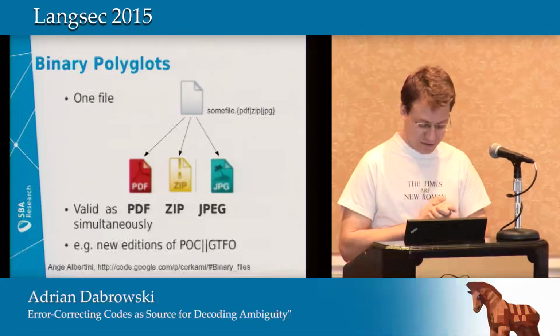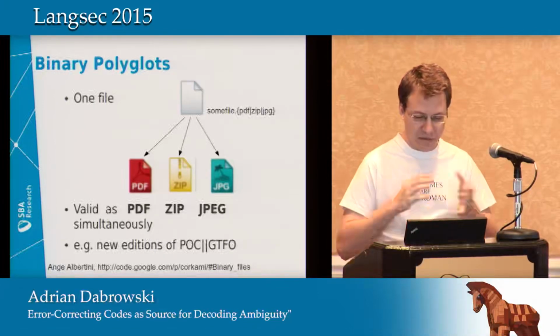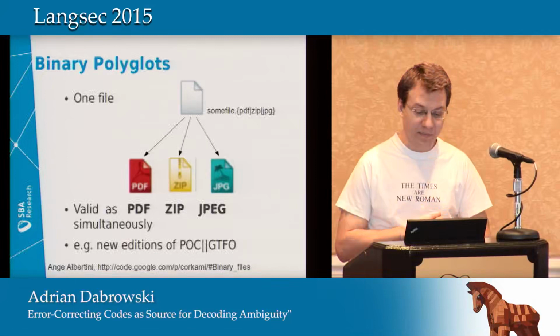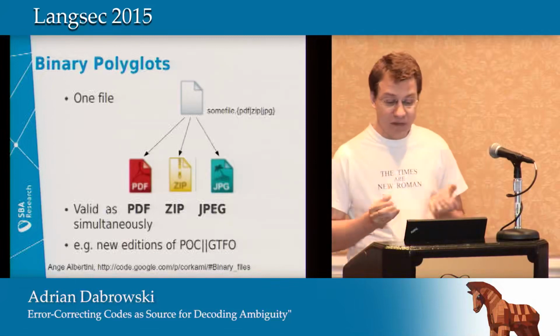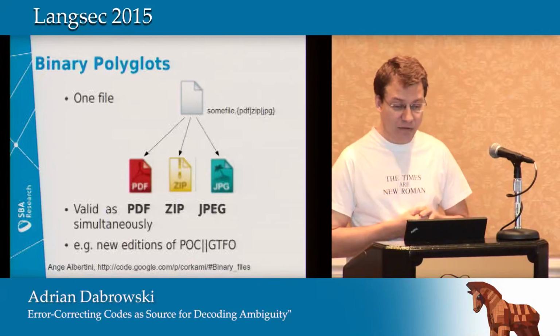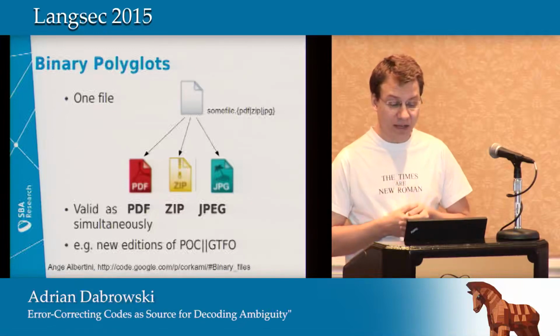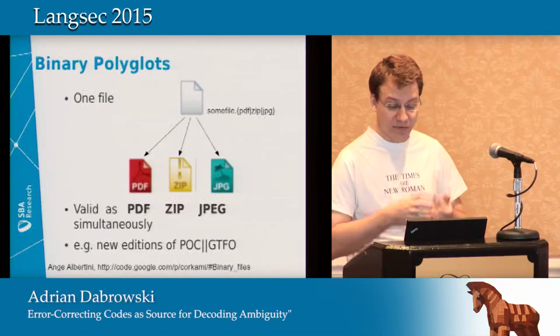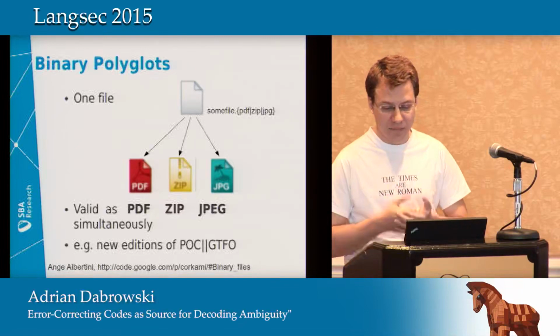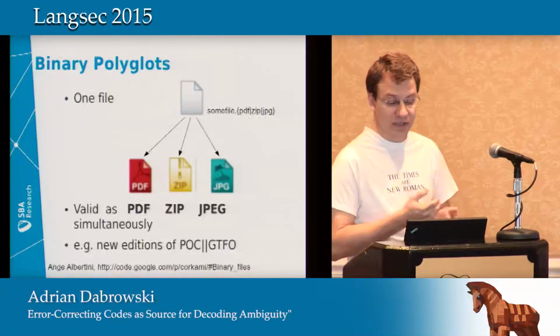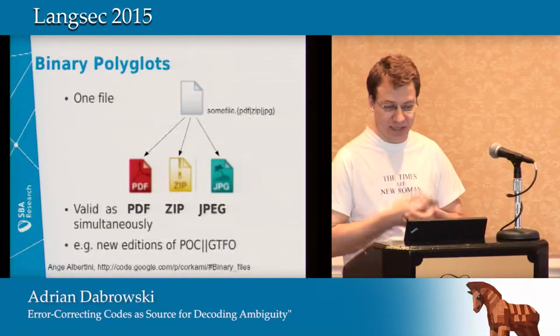The famous "ambiguity is insecurity" paradigm. Imagine an antivirus or firewall that does not know how to treat this file, and it might treat this file as one type and scan for malicious content, but the user that opens the file treats it as another file.